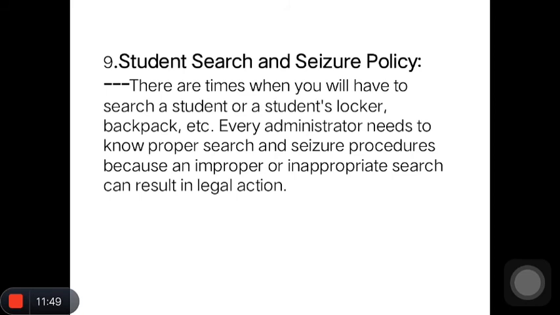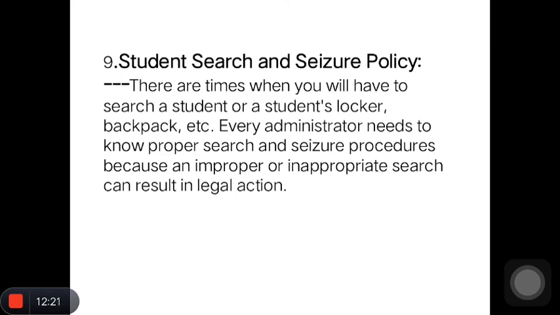Yes, and that's important in other schools. Legacy College has none of this, but other schools have lockers, and it's good for students to have lockers.